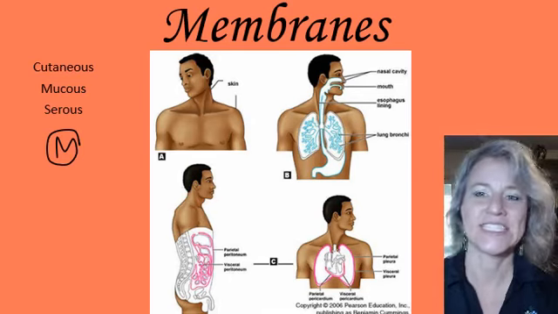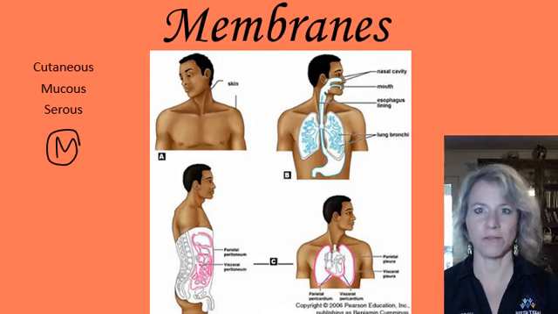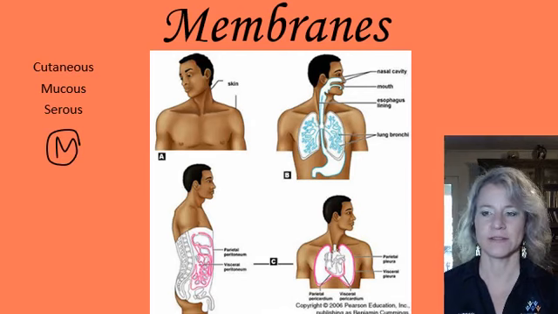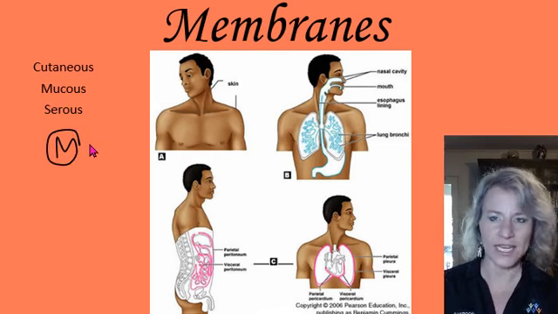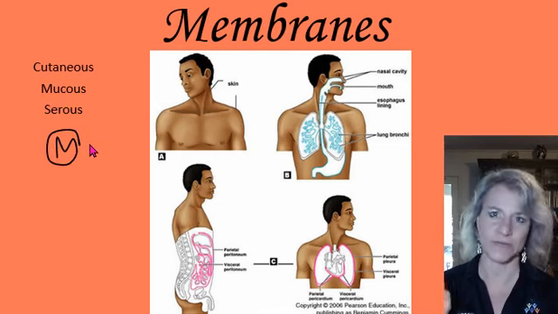Okay, today we're going to talk about the membranes of the body. There's the cutaneous membrane, which is your skin, the outer covering; the mucous membrane; the serous membrane; and then this little M with a circle around it, that's my symbol when I'm taking notes, my little abbreviation for membrane.